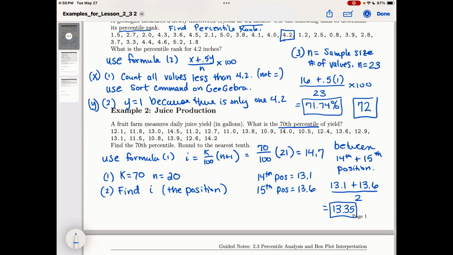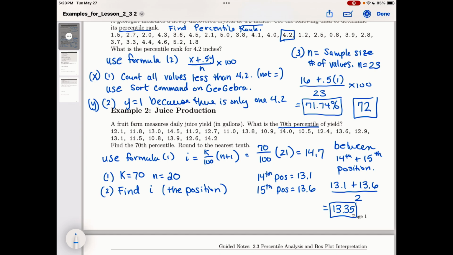So when we do that, we'll get 13.35. So 13.35 is the value. So then when you look at the data list sorted from smallest to largest, approximately 70% falls below 13.35 and approximately 30% lies above 13.35.